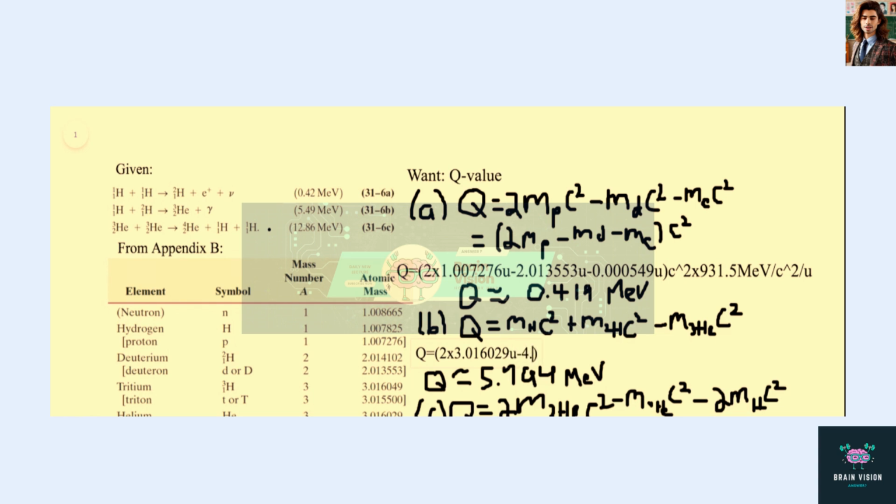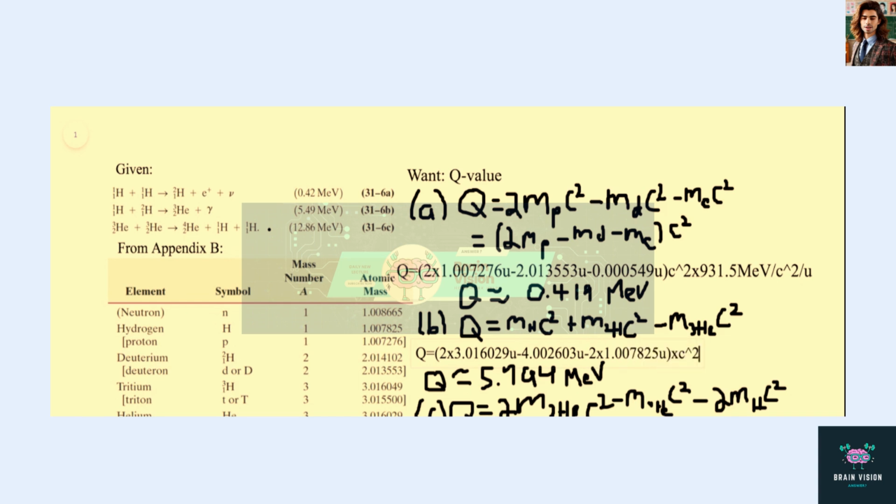Minus 4.002603 u, minus 2 times 1.007825 u.